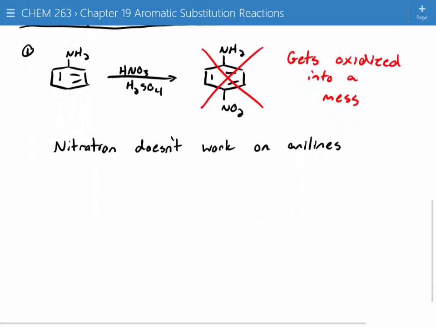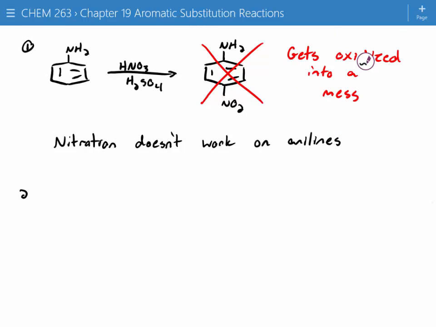The second important caveat is that Friedel-Crafts reactions can't be done on rings that are deactivated. So let's write this down. And this applies to both.